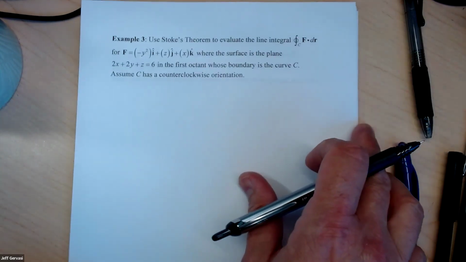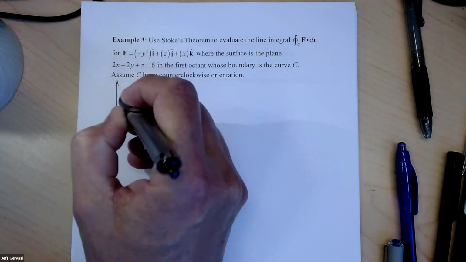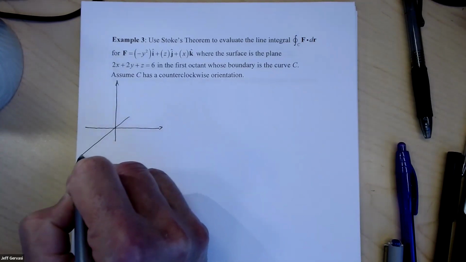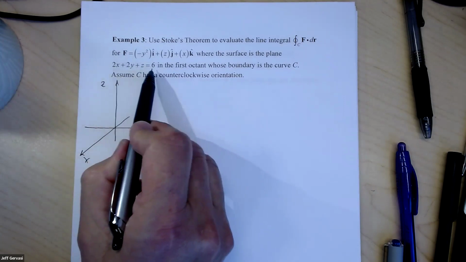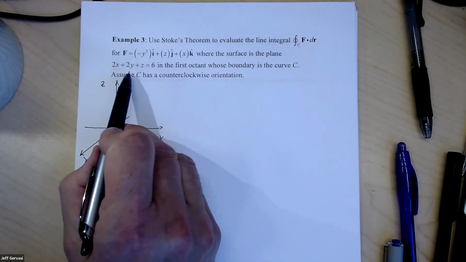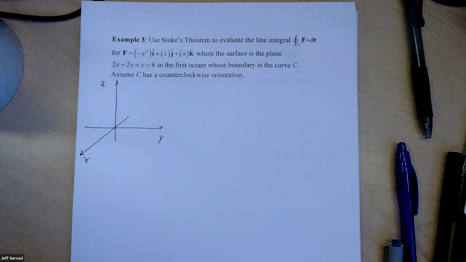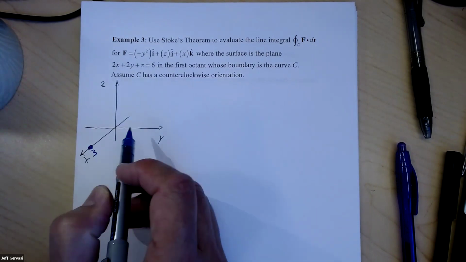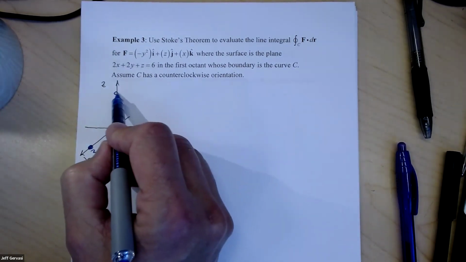Okay, so just to get a handle on what we're looking at here, our surface is the plane 2x plus 2y plus z equals 6 in the first octant. So we'll use the intercepts to graph it. When y and z are 0, 2x equals 6, so x will equal 3. And y will equal 3. Z will equal 6.